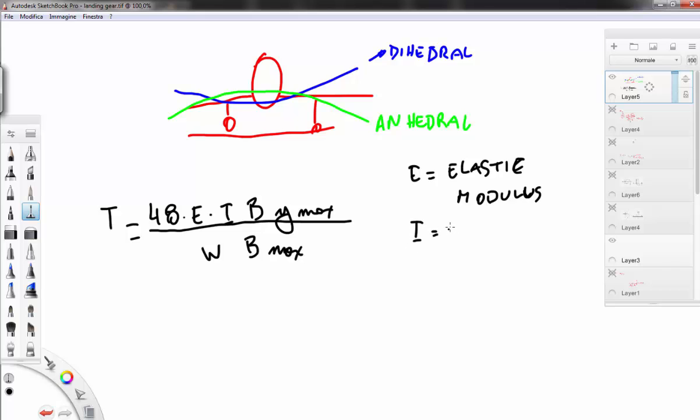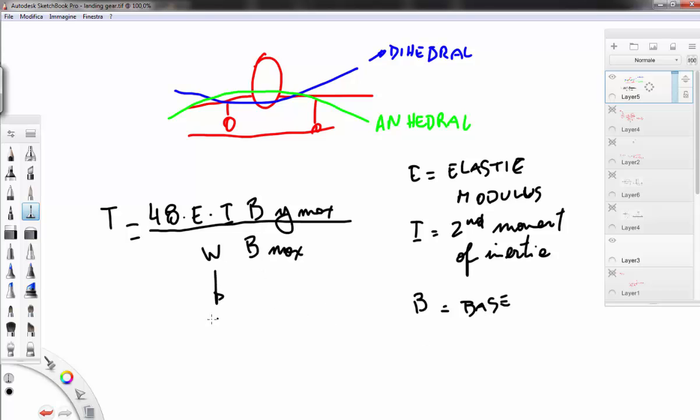I is the second moment of inertia, and depends on the shape of the main spar. B is the base, which we calculated before.